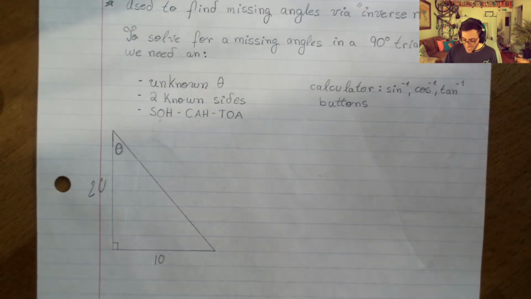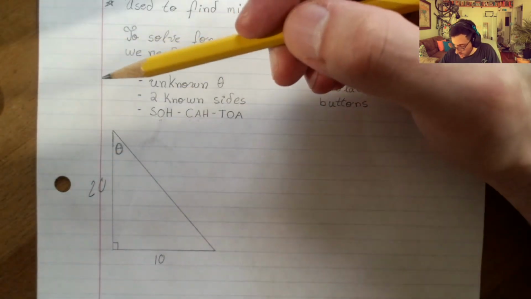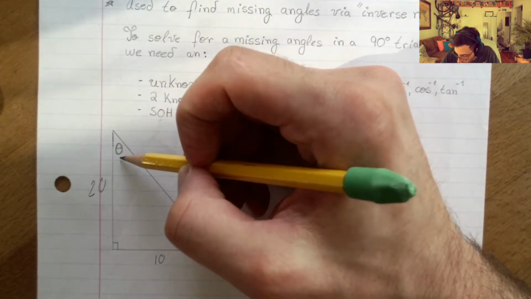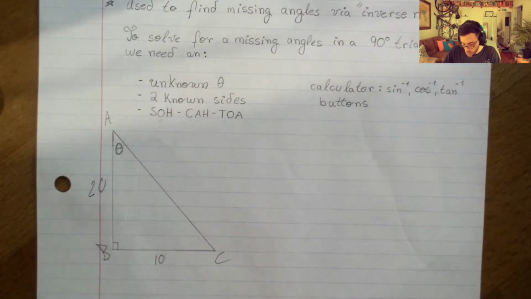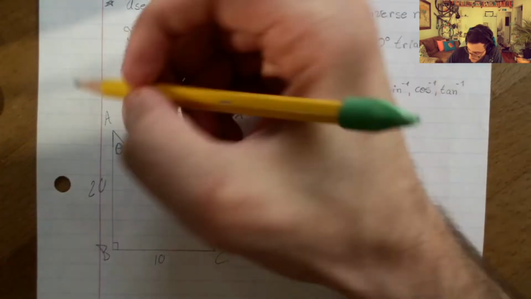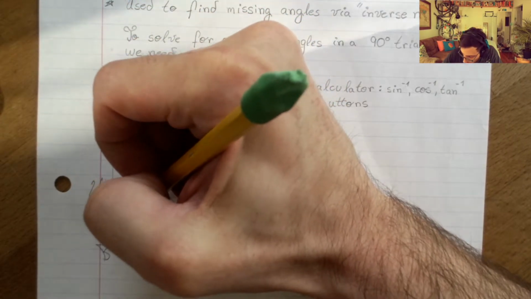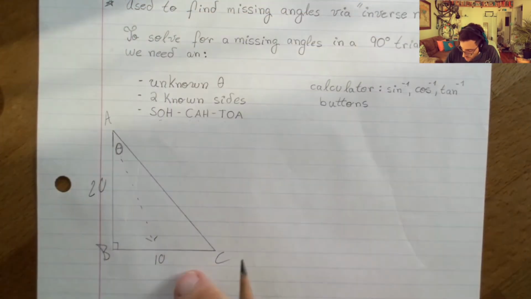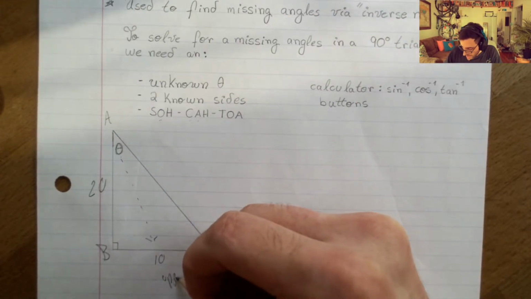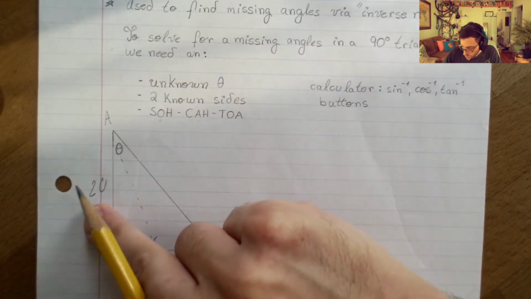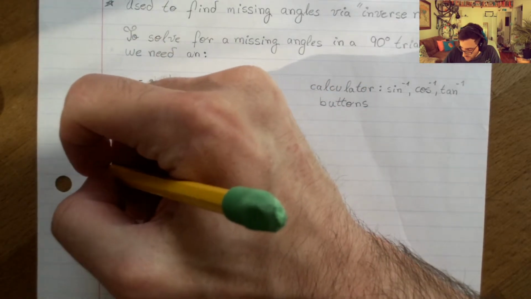In this particular example, if we draw out from a reference angle, and let's just label our triangle ABC, we have coming along here, number 10 is going to be what's called our opposite side, and we're going to have next to our theta our adjacent.